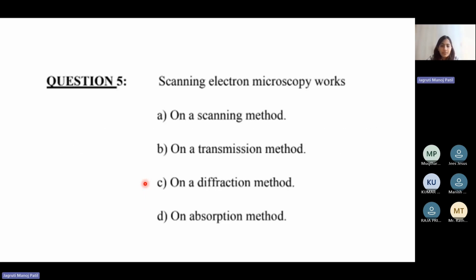Then scanning electron microscopy works on which method? Does it work on transmission, scanning, diffraction, or absorption?